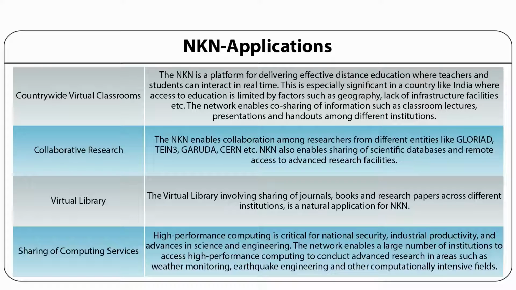The network enables a large number of institutions to access high performance computing to conduct advanced research in areas such as weather monitoring, earthquake engineering, and other computationally intensive fields.